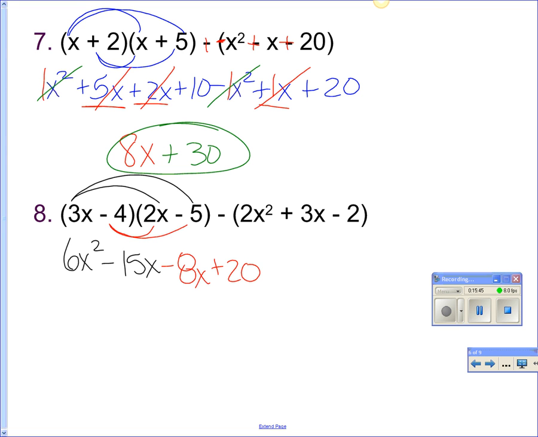Gracie, am I ready to drop this stuff down? What do I have to do? Good. Jesse, what else do I have to change? Very good, Jesse. The 2 becomes negative. Chad, what else changes up here? The 2 becomes negative. What else?